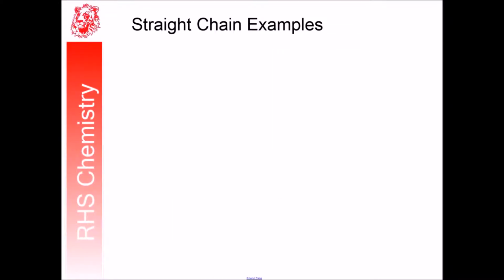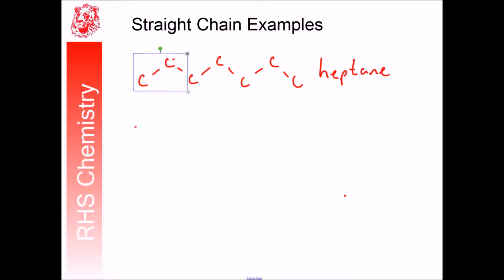So a couple of quick examples might be something like this. 1, 2, 3, 4, 5, 6, 7. So this would be heptane, or my line diagram looks something like that.